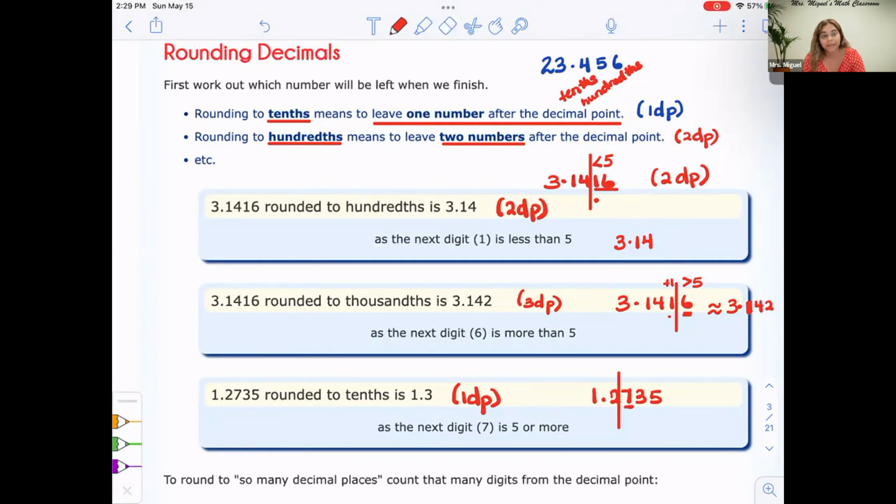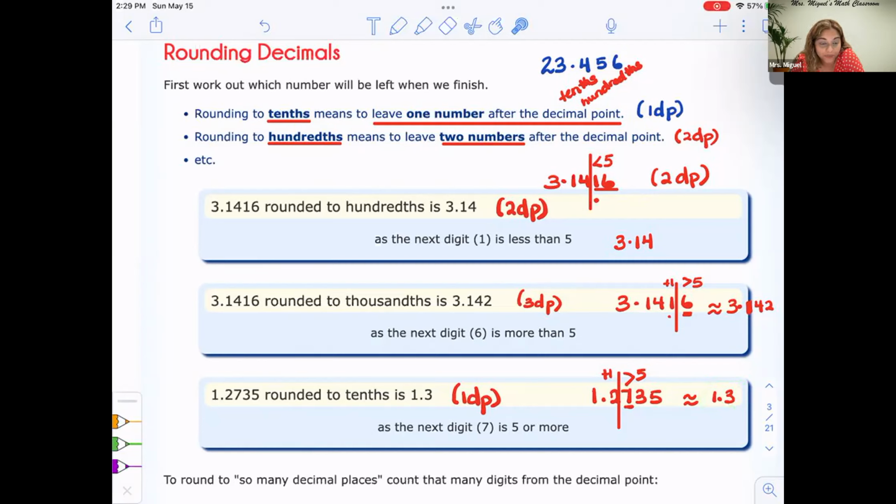It will tell me if I am to add 1 to the number before it or if I am to leave it alone. Here it is greater than 5, so I add 1 to the 2. This becomes 1.3. The question asks for approximating this number to 1 decimal place. According to my answer, this is 1 decimal place. How do I know? It has 1 value after the decimal point.